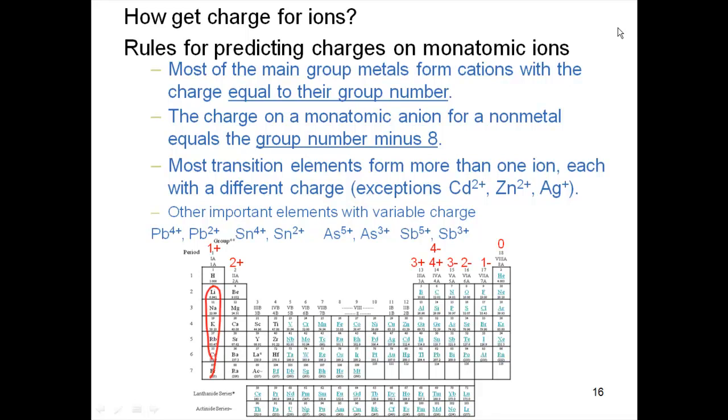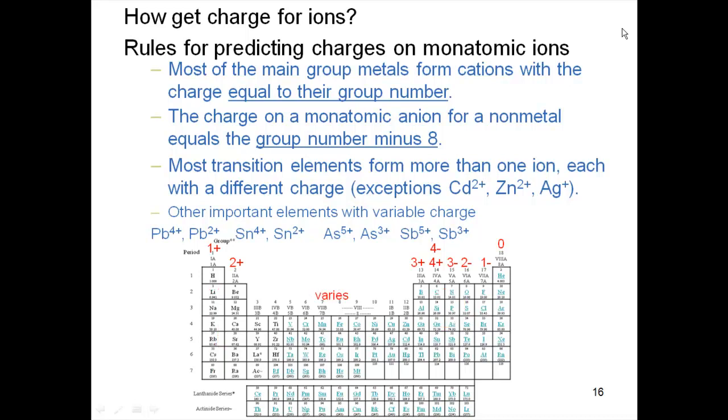So the question comes up, what's going to decide over here whether they're -4 or +4, -3 or +3, since they're in that general area where it's close? Well, it's going to be what it's connected to. The thing that is more electronegative will tend to be an anion. The thing that is more electropositive will tend to be a cation. So it kind of depends what it's part of to decide what charge it's going to be.